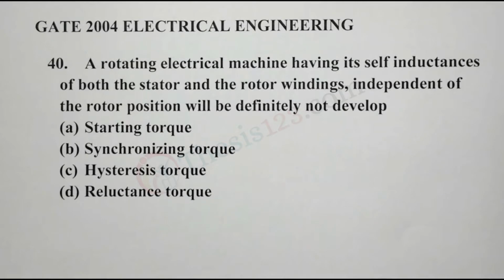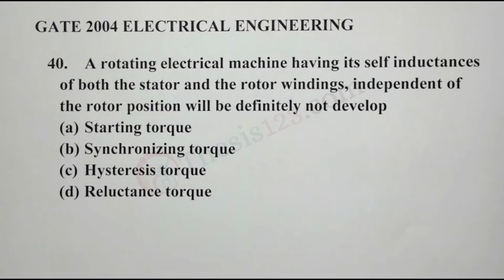Here's the next question, number 40. A rotating electrical machine having its self-inductances of both the stator and the rotor windings, independent of the rotor position, will be definitely not developed. So what will it not develop? Starting torque, synchronizing torque, hysteresis torque, or reluctance torque?